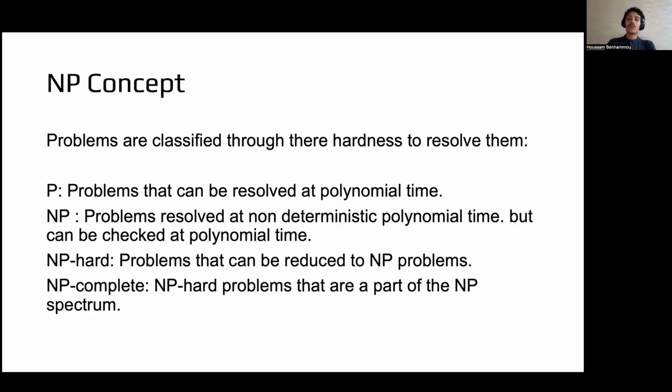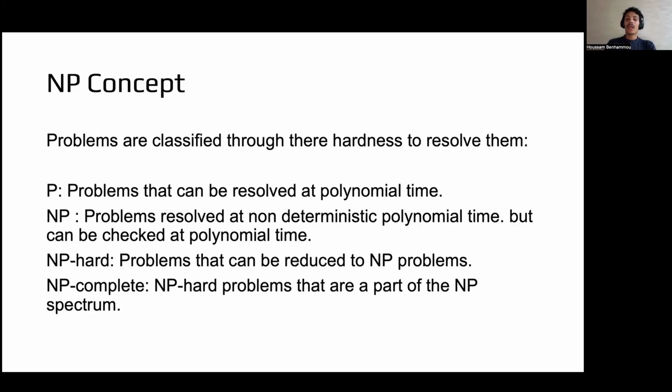Beyond these two, we have another two, which is NP-hard, basically problems that are beyond NP. They're non-deterministic, but at the same time hard. What I mean by hard is we can reduce NP problems to them. That's the minimum we can do, and we cannot know the results or test them in polynomial time.